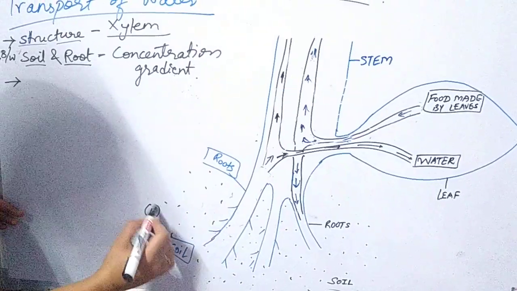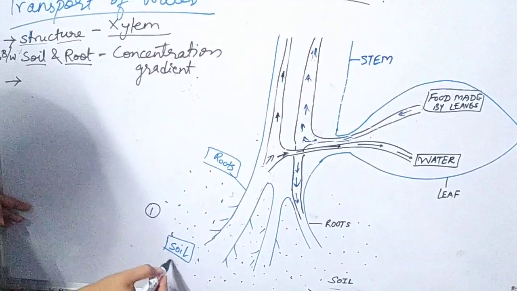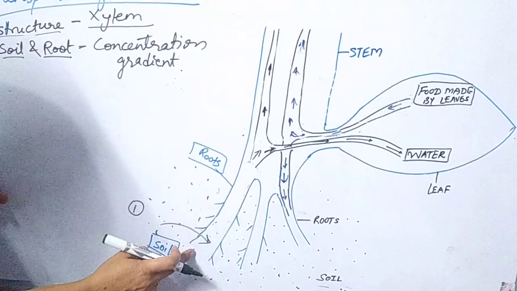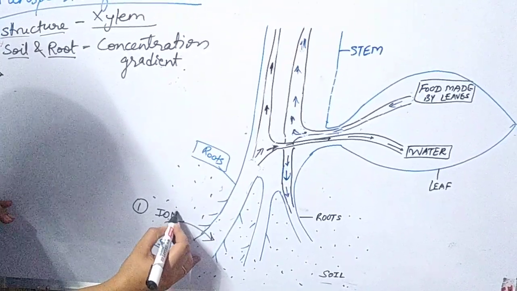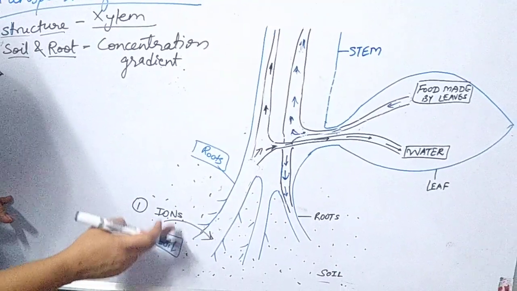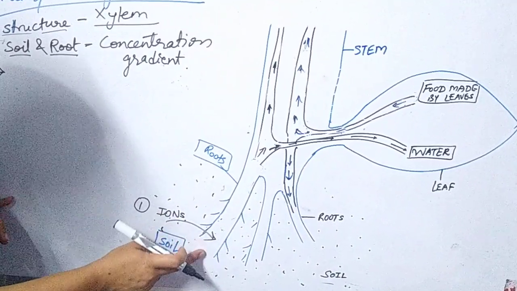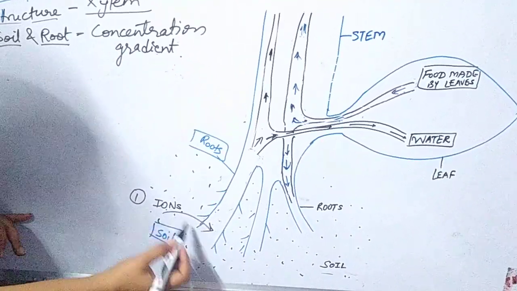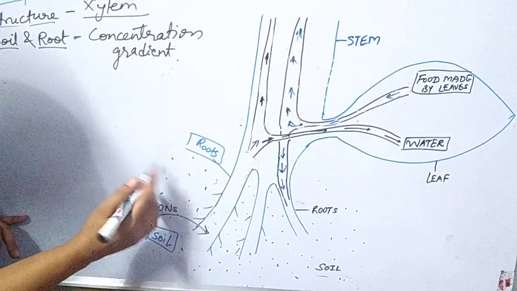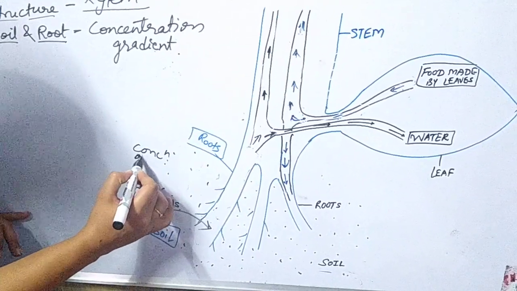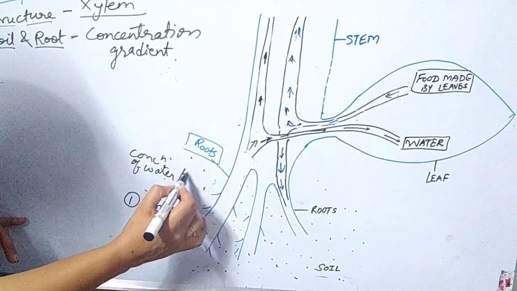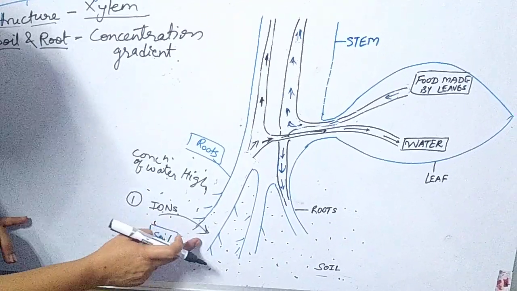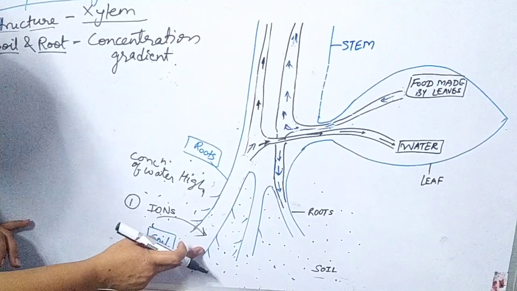Now let us discuss the concentration gradient developed between the soil and the root step by step. Firstly, the ions or minerals, which are rich in the soil, are taken up or absorbed by the root hairs of the root. After this absorption, immediately the concentration of water becomes high after the transportation of these ions, these minerals, from the soil to the root hairs.